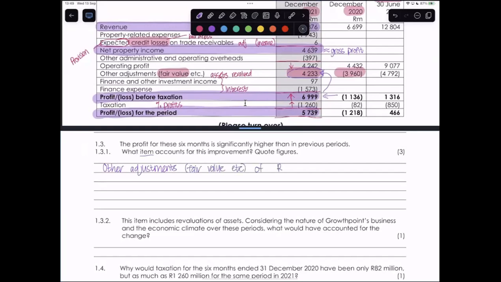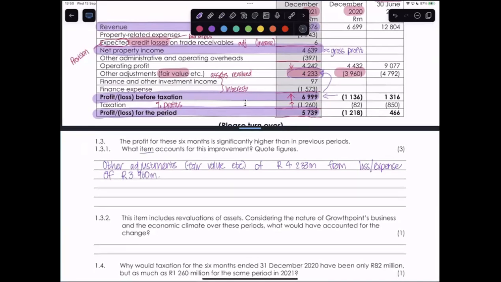Of the 4,233 million, then that is going to help a lot, because that's showing you it's a 4,233 million, which is better, yet it was a previous loss or expense of the Rand 3,960 million.